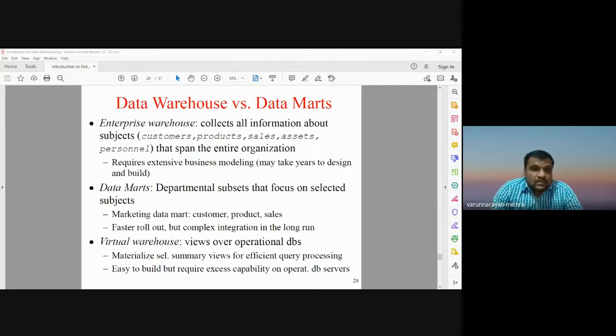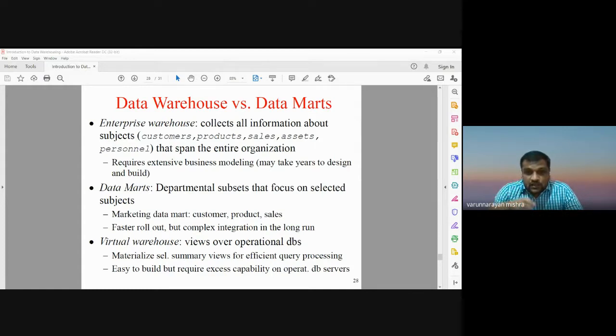It may include information that represents the entire organization, and it requires extensive modeling techniques that may take years to design, because it is collecting the entire data from different sources. Whereas a data mart is a subset of the entire database, and it is only focused on some selected objects.